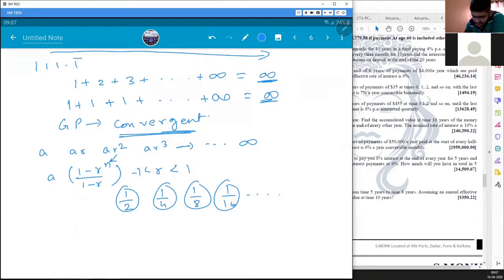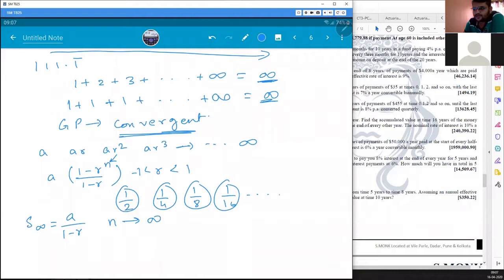And that is why we are going to neglect it with respect to this one. So it is so small that it will make no difference. Therefore, we'll just get 1. And finally, we get a upon 1 minus r when n is almost equal to infinity. So we call this S infinity, the addition of infinite terms.